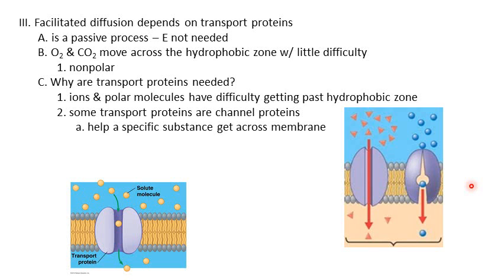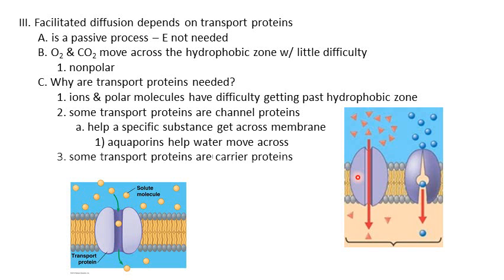One of the key channel proteins are the aquaporins. They help water get across. We've also noted that some transport proteins are carrier proteins. One example is a glucose transporter, a carrier protein embedded in the membrane of red blood cells.